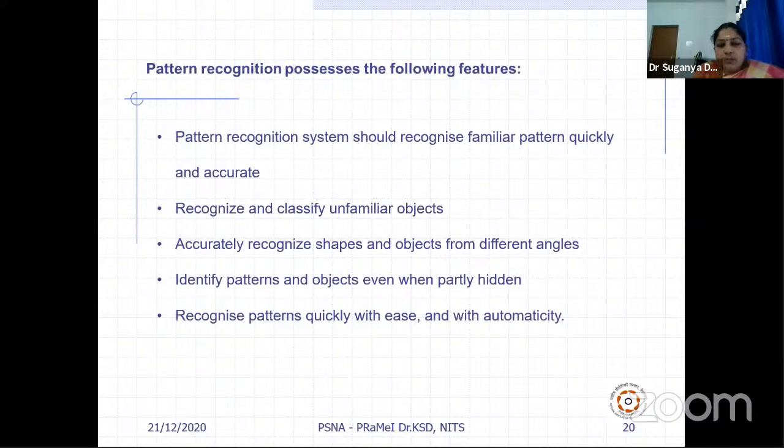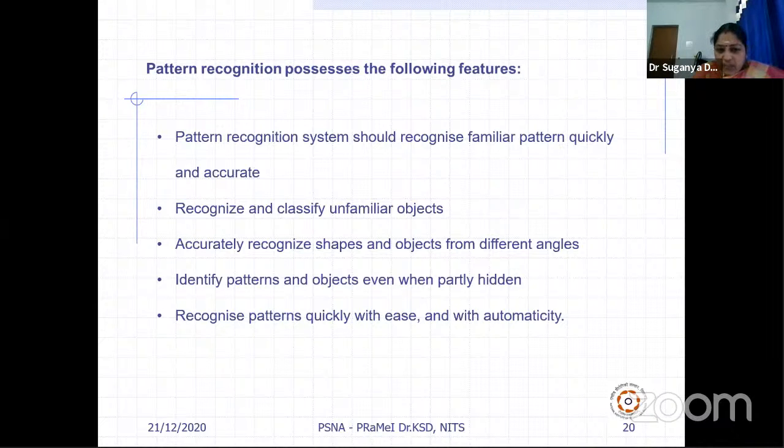Okay, and if we recognize the patterns correctly, actually what we are doing is we are throwing out the outliers. We are taking only the patterns and we are throwing out the outliers, which are actually waste information. And accurately recognize shapes and objects from different angles and identify patterns and objects even when partly hidden.